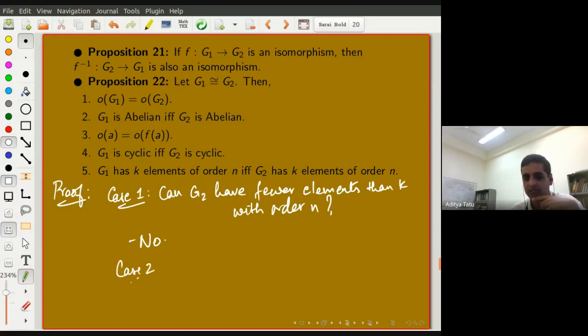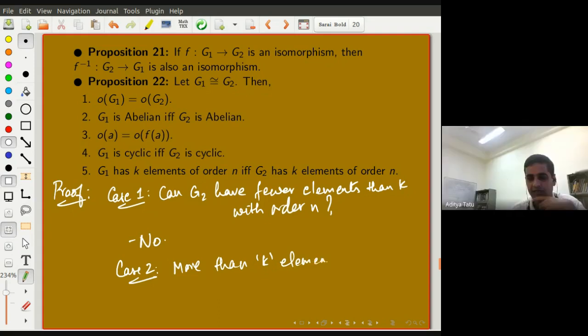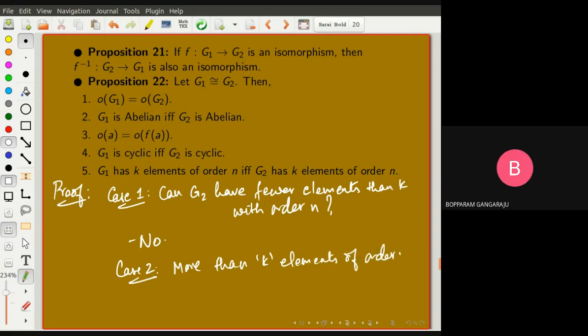How about more than that? No, it won't have more than k. Why? Let F of AJ, other than F of A1 to F of AK, have order n. Then there must exist AJ in G1, other than A1 to AK, that has order n.